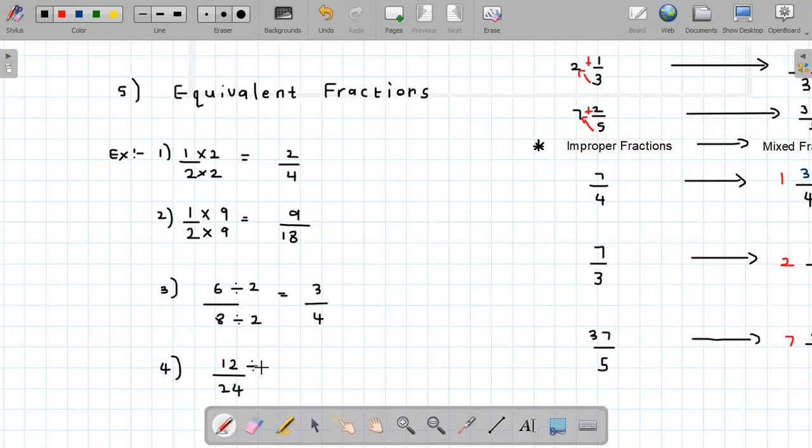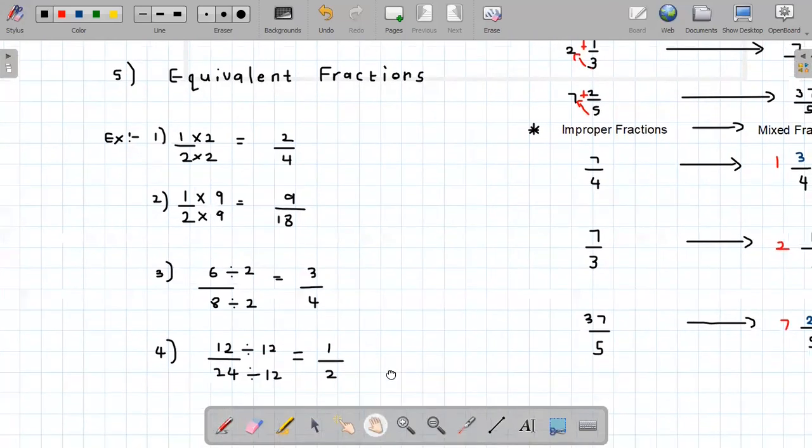So now I am going to divide it by 12. You can choose whatever you want, right? So 12 divided by 12, 1. 24 divided by 12, 2. 1 over 2 is the equivalent fraction which we get if we have the numbers 12 and 24 as the numerator and the denominator, right?